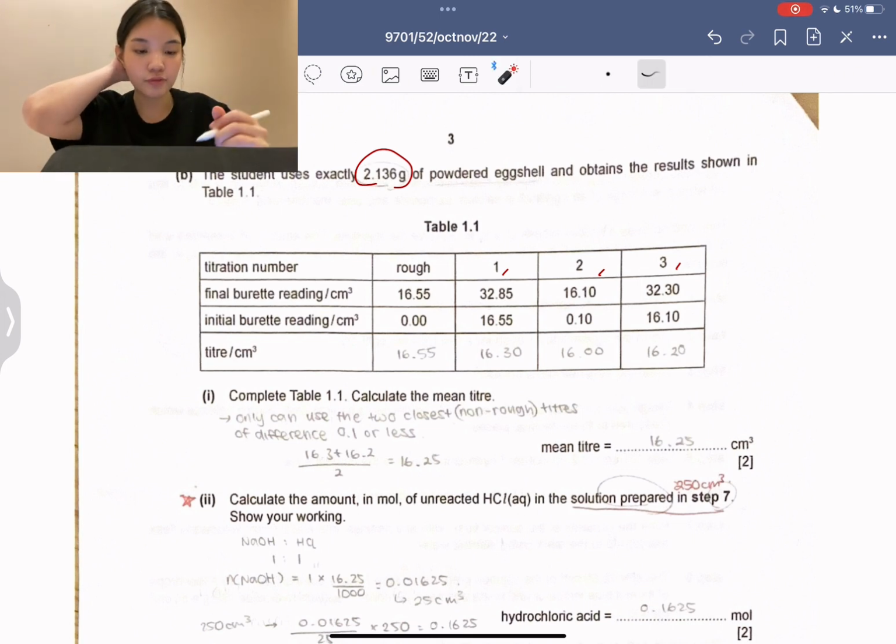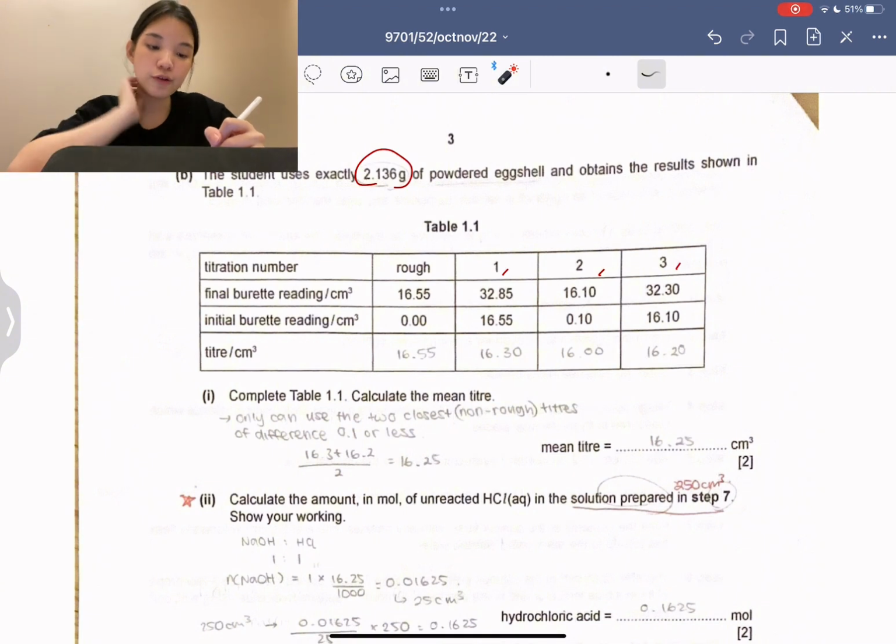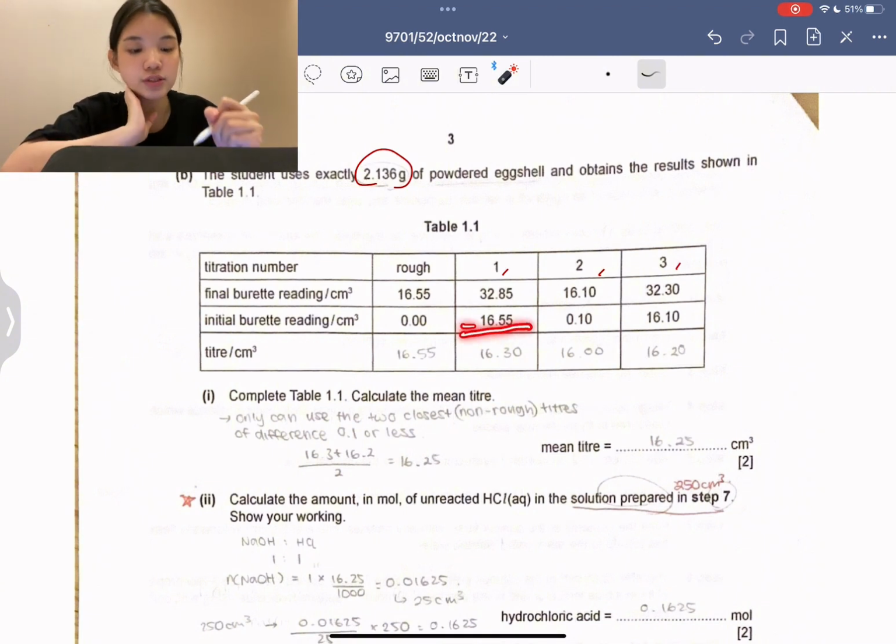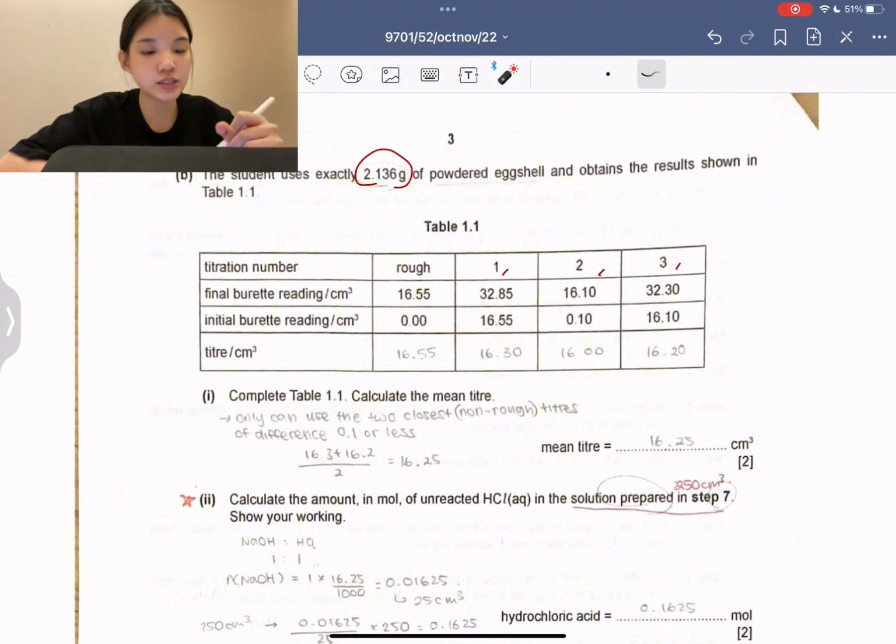Then 32.85 minus 16.55 is 16.30, 16.10 minus 0.10 is 16.00, 32.30 minus 16.10 is 16.20, and you should maintain 2 dp for all the burette readings that you get.